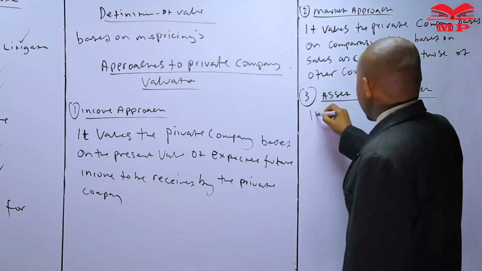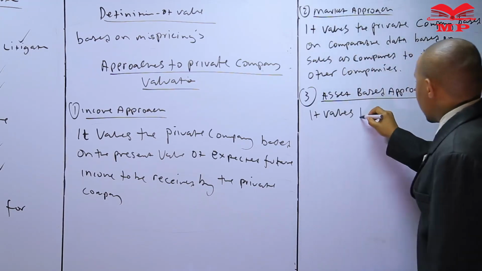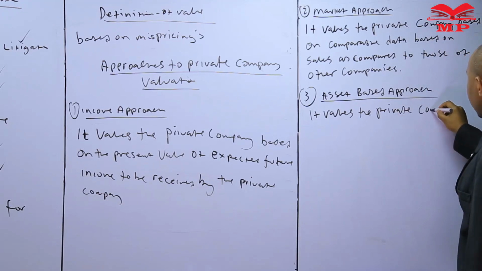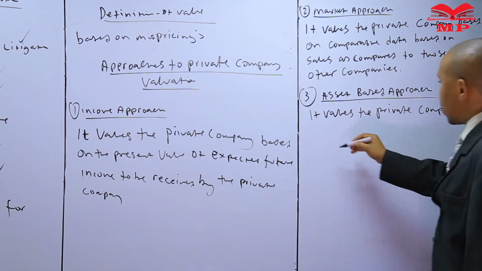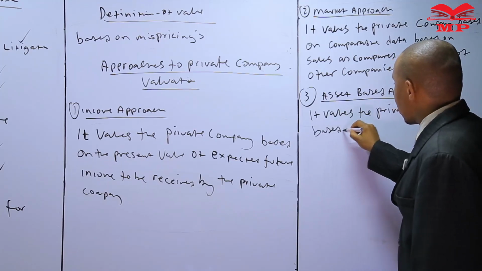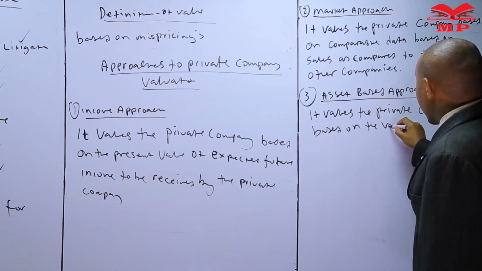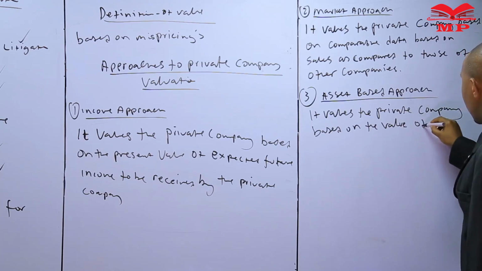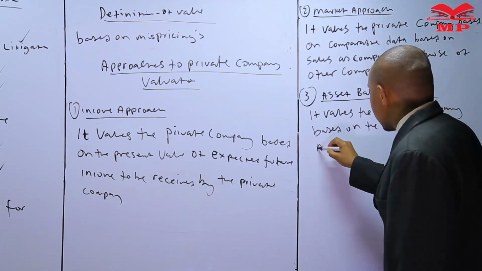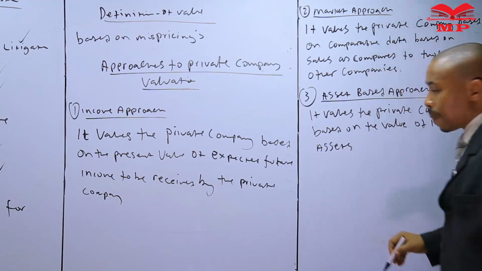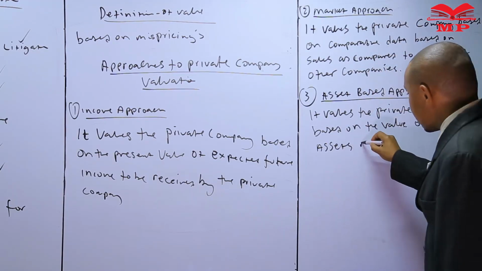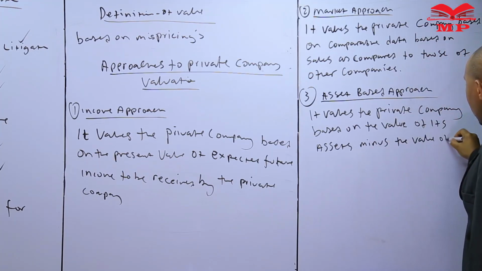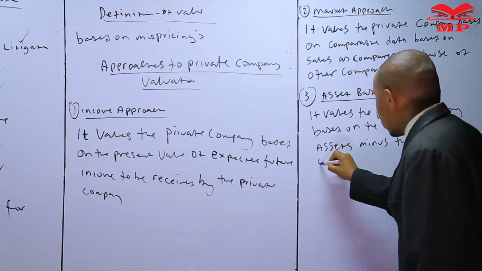Here we say it values the private company based on the value of its assets minus the value of its liabilities.